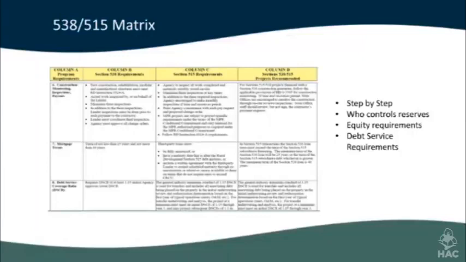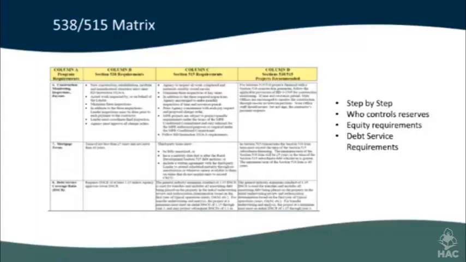We do have a Section 538, 515 unnumbered letter that was published in November of 2017, and we call this our matrix. This is just a sample of what the matrix looks like, but what it is designed to do is to help understand specific program requirements when using 538 and 515 together.